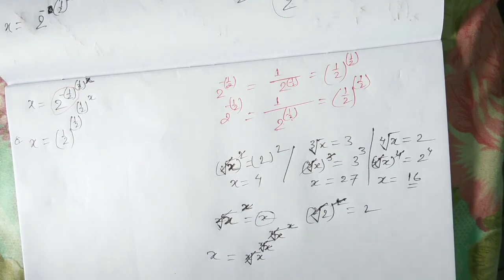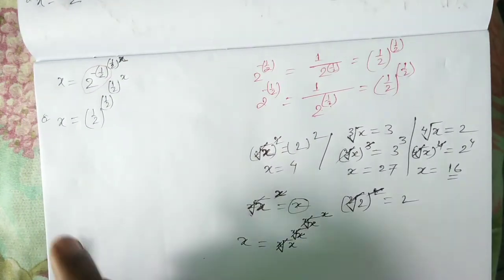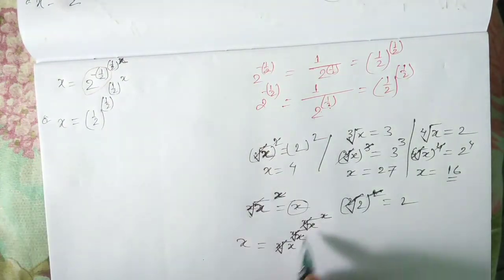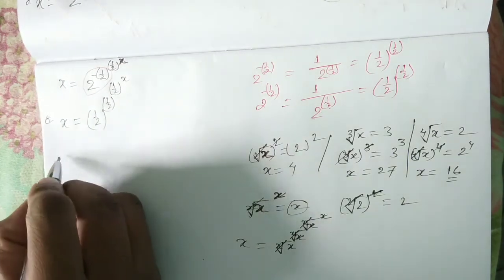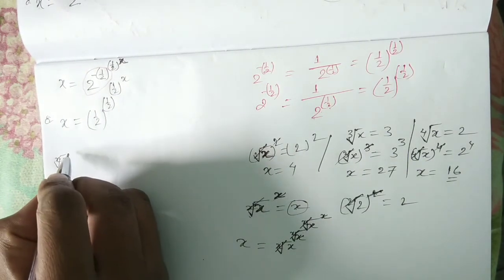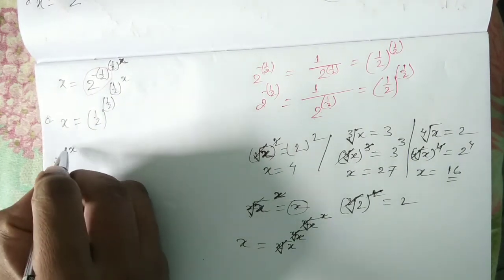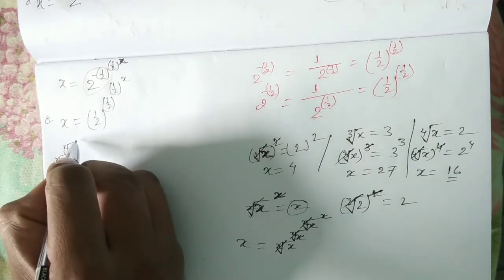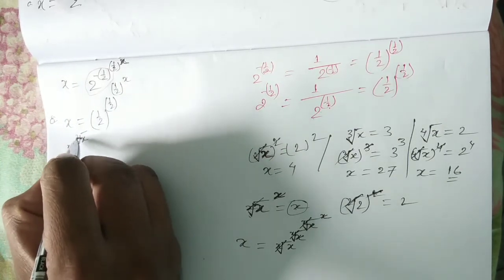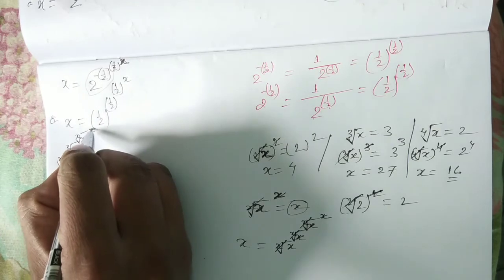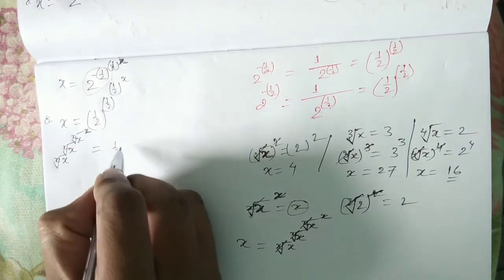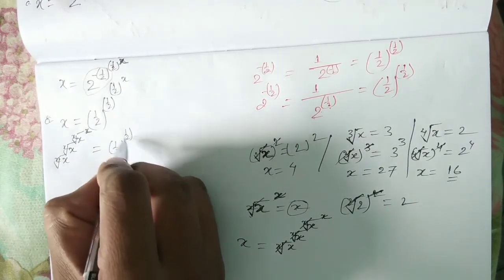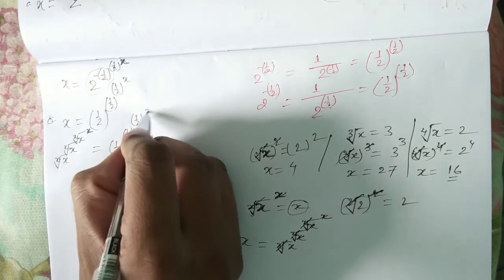So I am going to write it in this form, and this x can be written in this form. So we have xth root of x raised to power x, that is equal to 1 by 2 to power 1 by 2 power 1 by 2 power x.